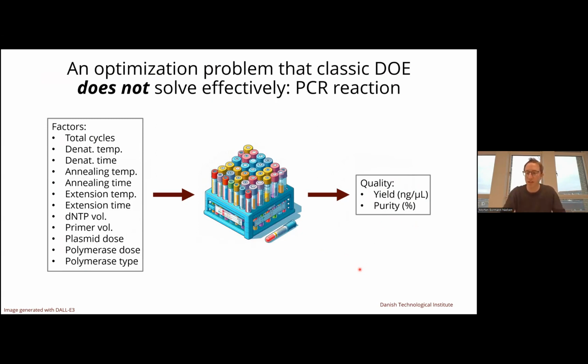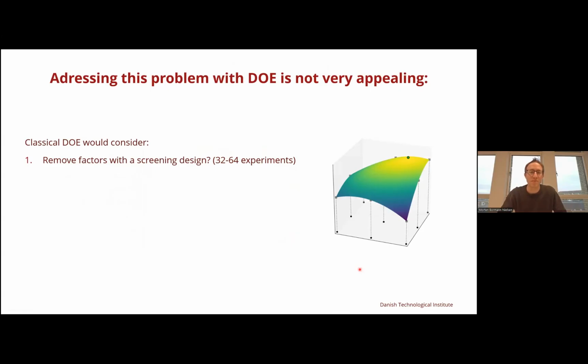And if you were to attack this problem with classical DOE, it's really not very appealing, it requires a lot of work to do. You would typically start out trying to eliminate some of the factors by what's called a screening experiment. And then you would try to draw the map using the factors that are active or that you see are relevant for quality, which in this particular example would require almost 100 experiments on its own.